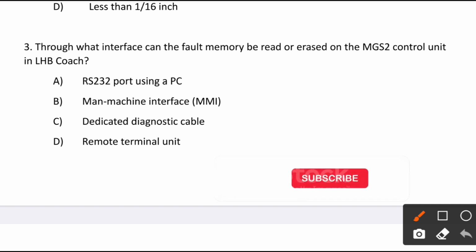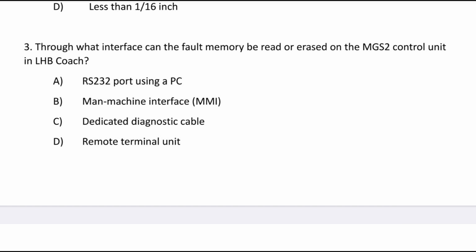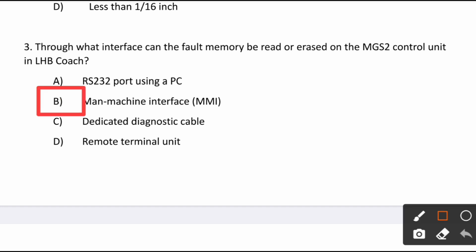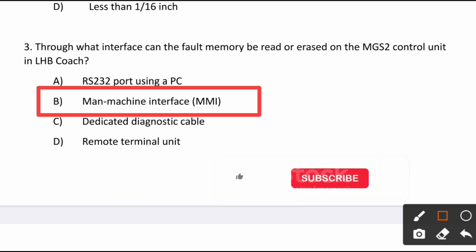MB03 contains all the electronic peripherals for individual wheel slide control at up to 4 wheels or wheel sets. The anti-skid valves are powered by 24 volts from board MB03. The only difference between boards MB03 and MB04 is that MB04 has a man-machine interface MMI integrated in its front panel. In this question the correct answer is B.